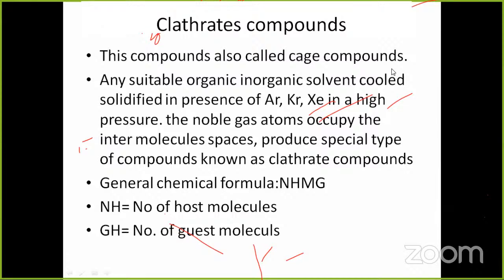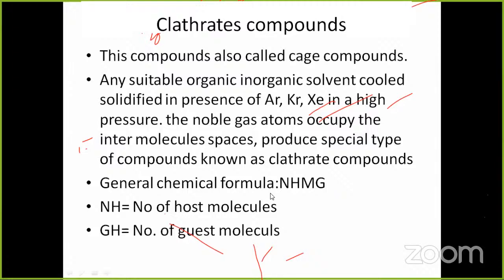Any suitable organic or inorganic solvent, cooled and solidified in the presence of argon, krypton, xenon at high pressure, the noble gas atoms occupy the intermolecular spaces. This produces a special type of compounds known as clathrate compounds. I will tell you again.